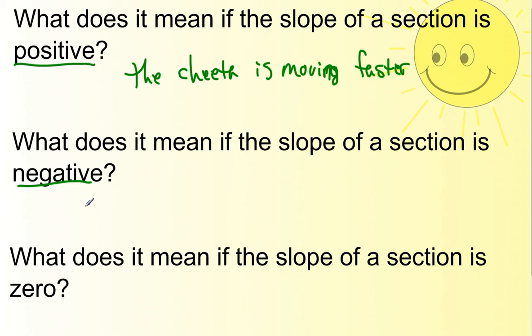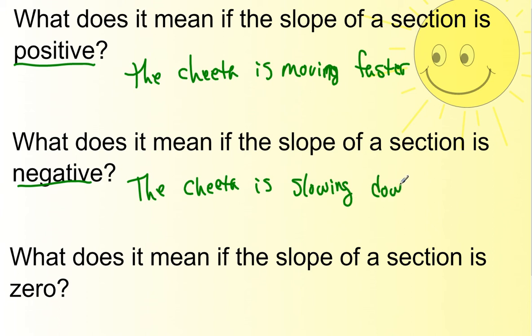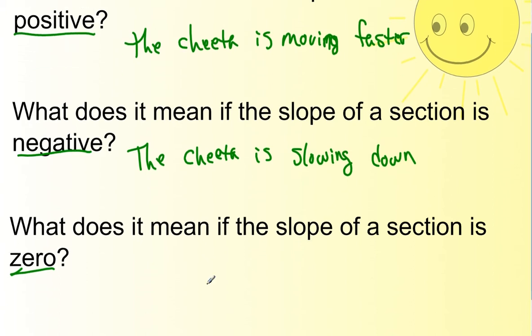The speed is going down over time, so the cheetah is going slower. And then a slope of 0 would mean that the speed is not changing. So that would mean the cheetah is moving at a constant speed for a section of time.